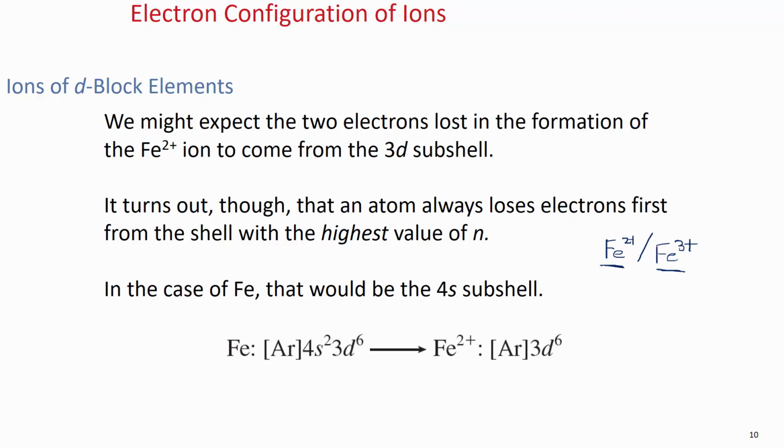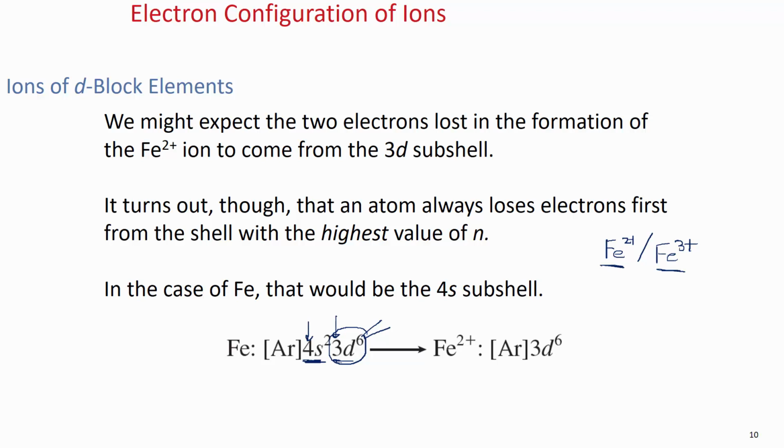When we look at iron, we can see the 4s has a higher principal quantum number than the 3d, which makes sense. This is the 4s2, and the periodic table tells you that we fill up the 4s2 before we go back into the 3d. So students look at this and they go, well, this is on the outer, that's at the end, so they want to remove these 2 electrons to make the iron 2 positive. It does not work that way. You always remove from the highest principal quantum number first. 4 is greater than 3.